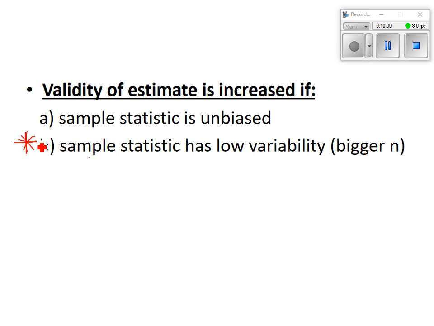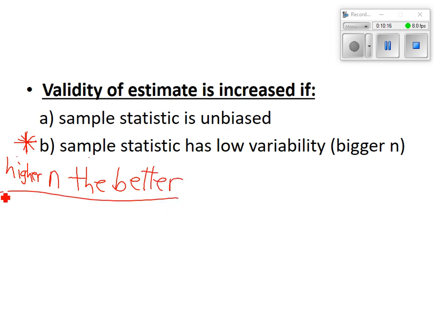The bigger our n, the higher your sample size is, the better. If we could use a sample size of 6,000, that would be a good thing. A sample size of 20 is not near as good.